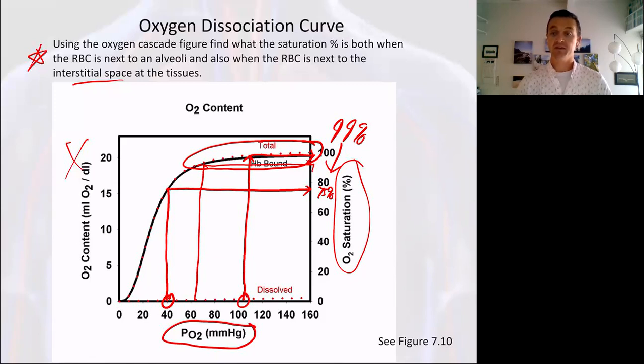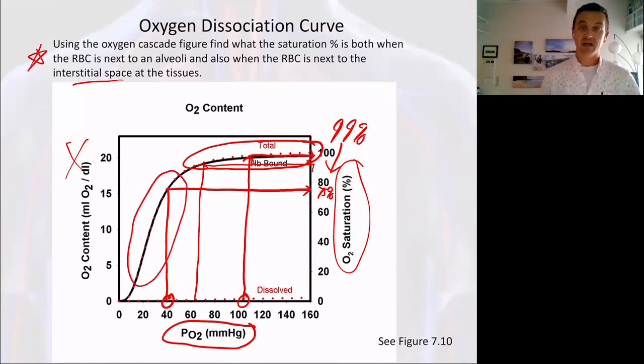And that's a very advantageous thing for us because we can survive under varying levels of oxygen in the air. But then the other part that's advantageous is all of a sudden, right about here, it drops off super steep. So when we go from 60 down to 40, there's a big difference in saturation.